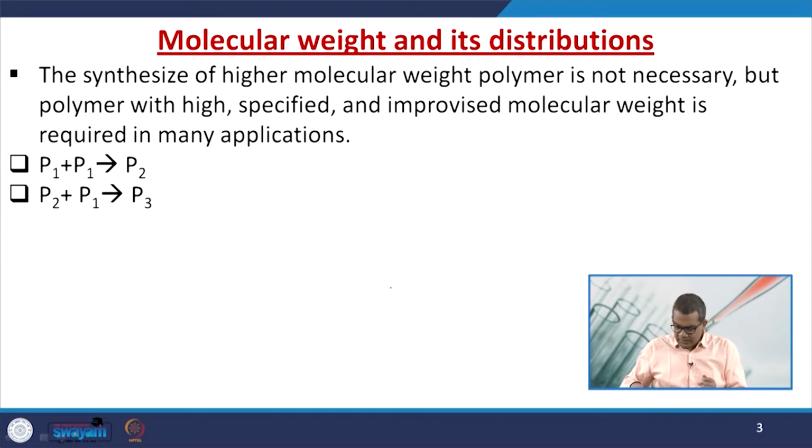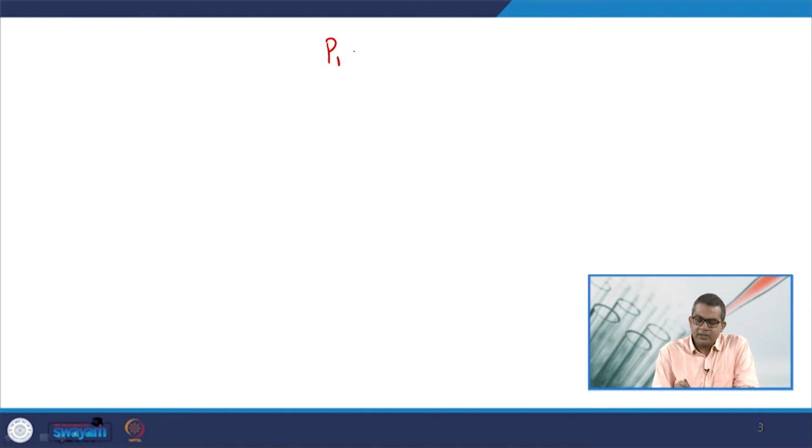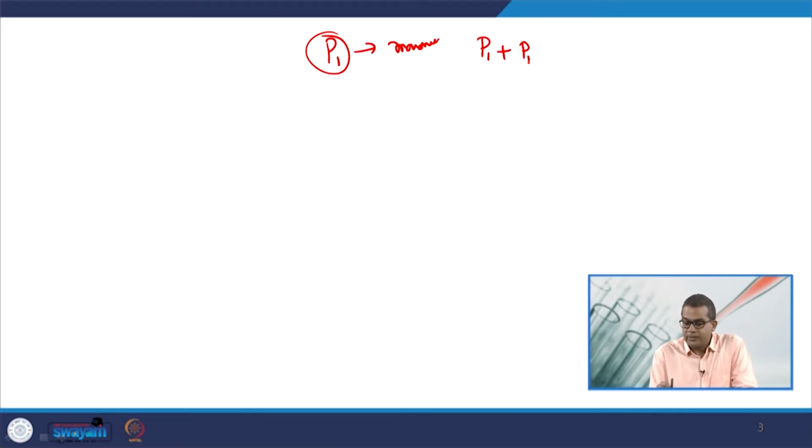The reason is this. Let us go to the whiteboard, and we will see that P1 represents the monomer. So, when we start the polymerization process, this is one repeating unit. Now, at the outset, this P1 may get combined with another P1 to give you P2.